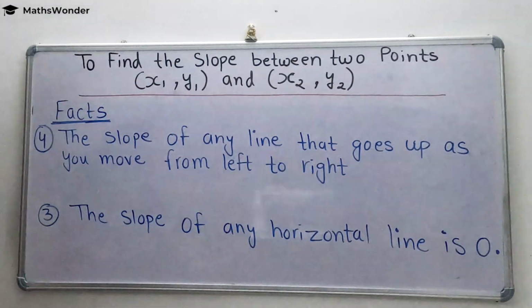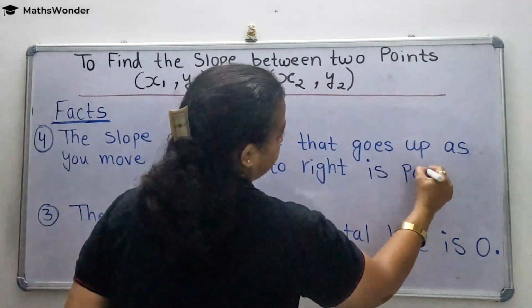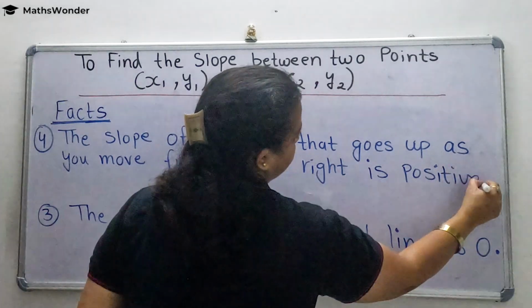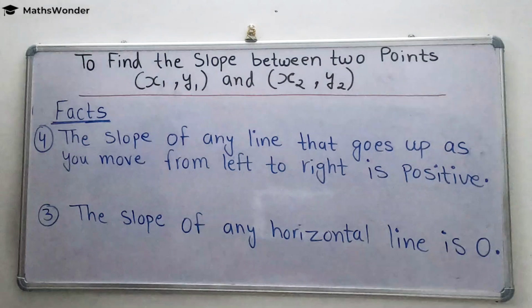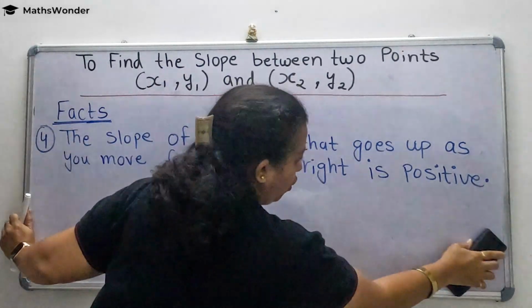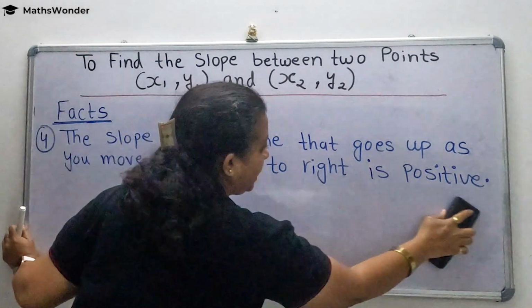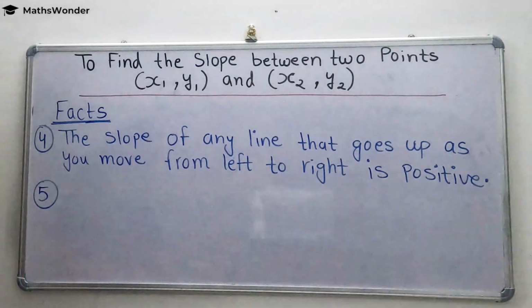I will explain all these slopes with the help of a diagram. Just give me some time. So left to right upward is positive. I will explain all the facts with the diagram, so you will understand perfectly what we have written.